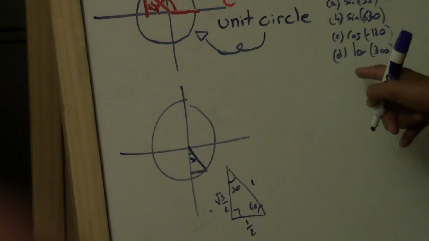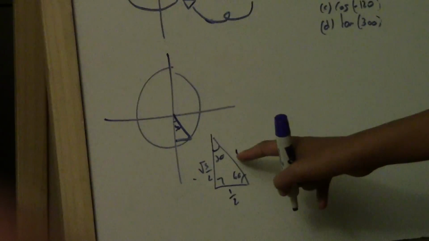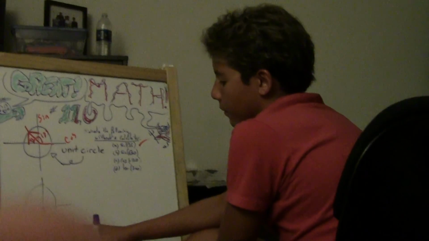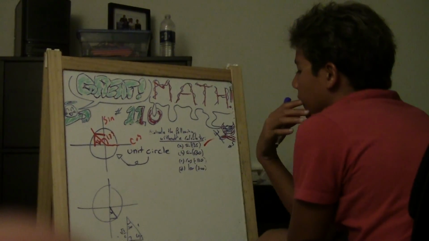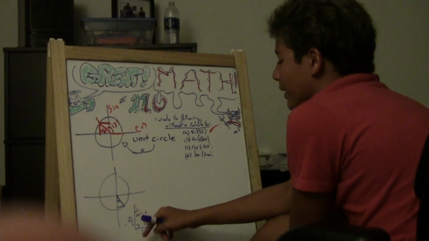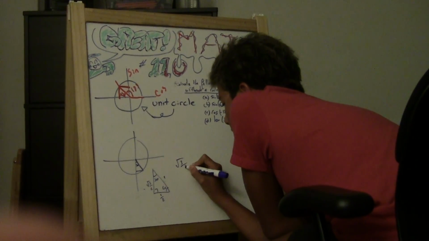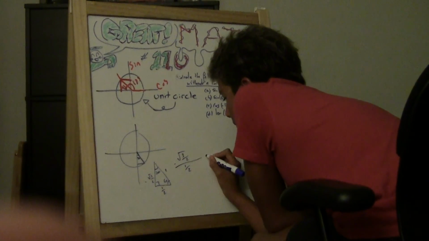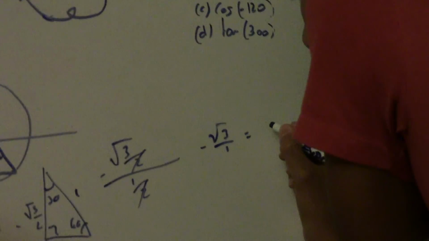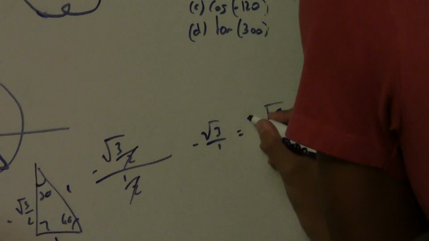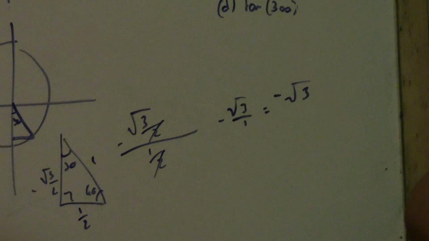Tangent is opposite divided by adjacent, or sine divided by cosine. So it becomes negative square root of 3 divided by 2, divided by 1/2. The 2s cancel out, leaving negative square root of 3. That is equal to tan 300 degrees.